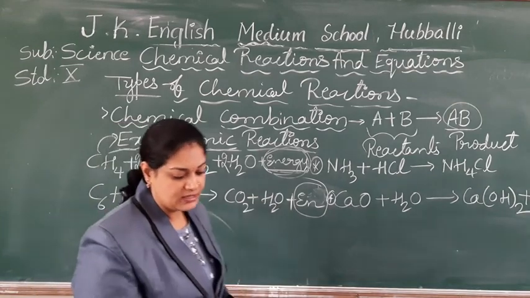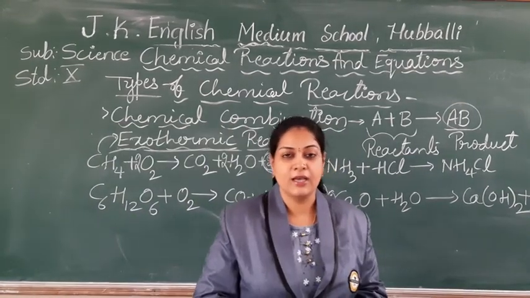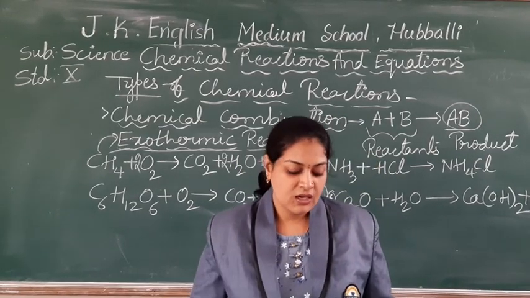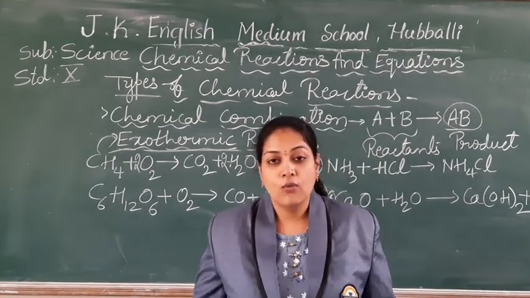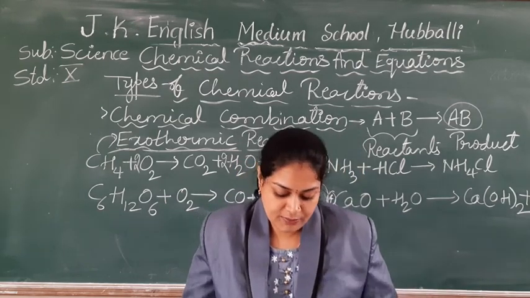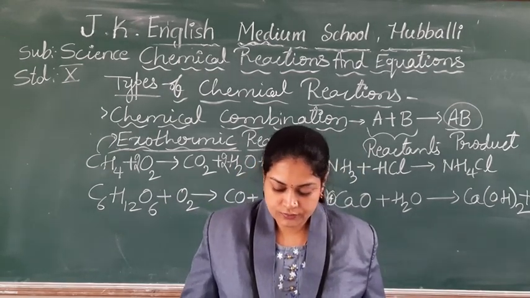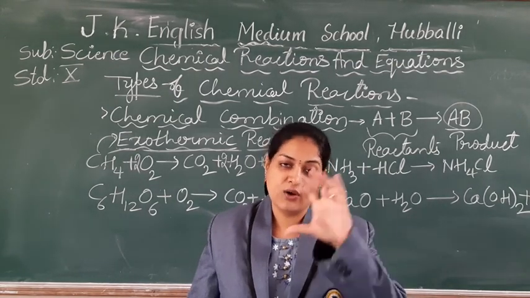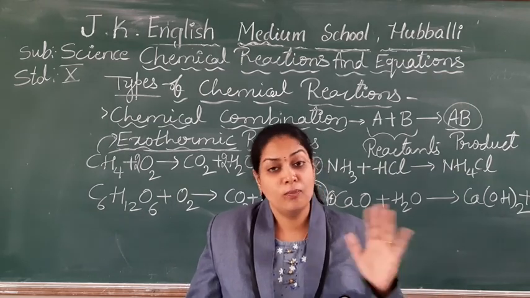Okay. In the next class, we will discuss the second type of chemical reaction. Take down the homework, students. First question: What is chemical combination? Give three examples. Examples in the sense you have to write the equations, balanced equations.